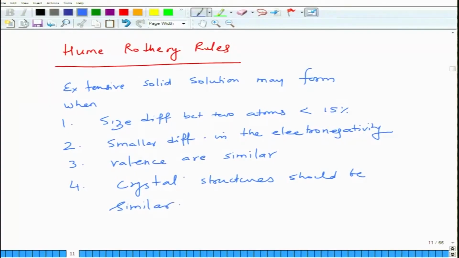So, when the valences are not similar, then the element with higher valence is likely to dissolve in the element of lower valence. That is typically the norm. And if the electronegativity difference is large, then instead of making an alloy, it tends to make an ordered compound.